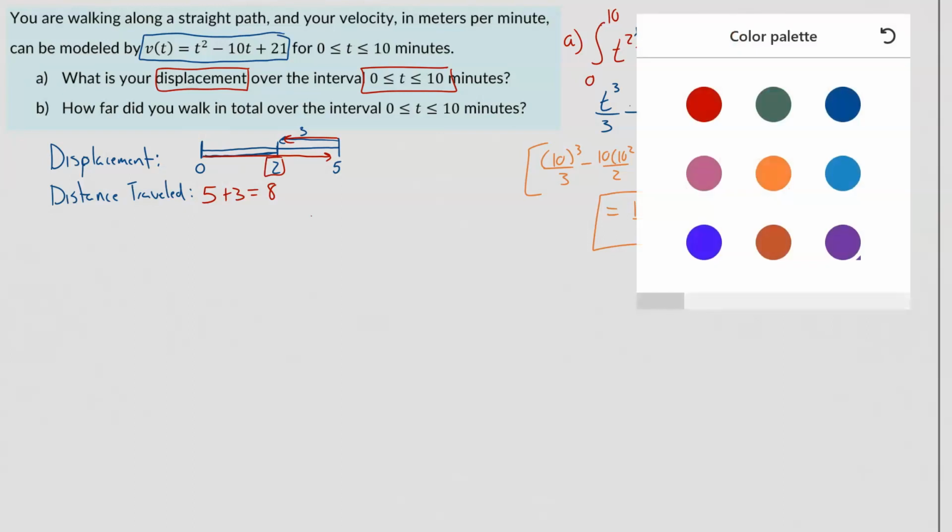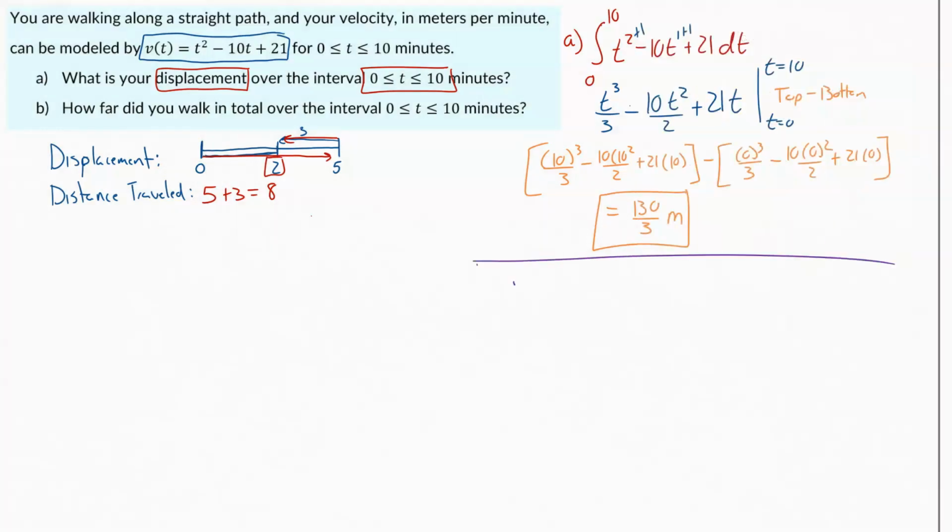Now we do the one that's a little bit more tricky. It's not horrible, it's just that we have to consider that we were potentially taking steps forward and backwards. So for our total distance traveled, we're going to have to figure out where our velocity changed. Remember that positive velocity means you're moving forward, whereas negative velocity would mean you're moving backward.